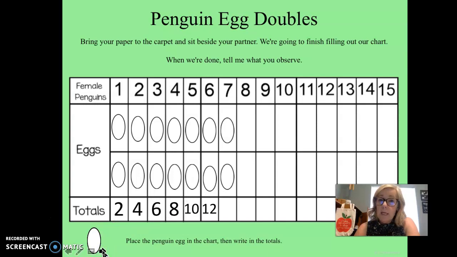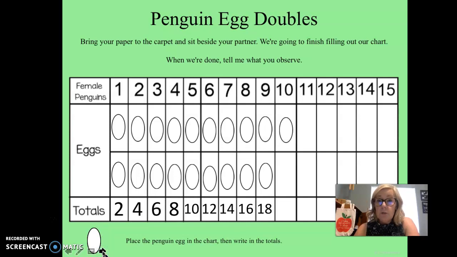How many eggs will 7 penguins lay? 14. 8 penguins. 16 eggs. 9 penguins.